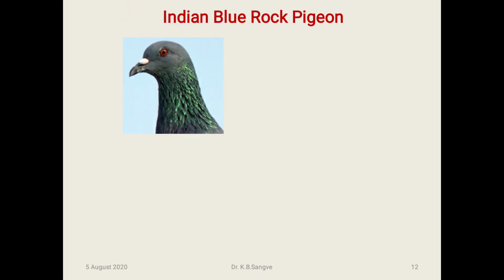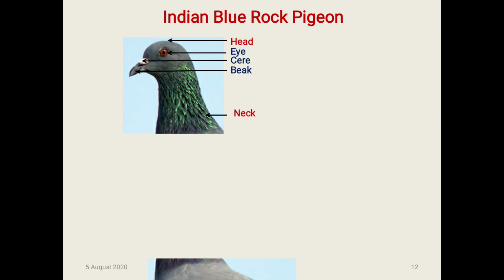So in this picture we study the external morphology of the pigeon. This is the head of the pigeon, which comprises the head, neck, eyes, cere and beak. The neck, generally in males, is more shiny and glistening.